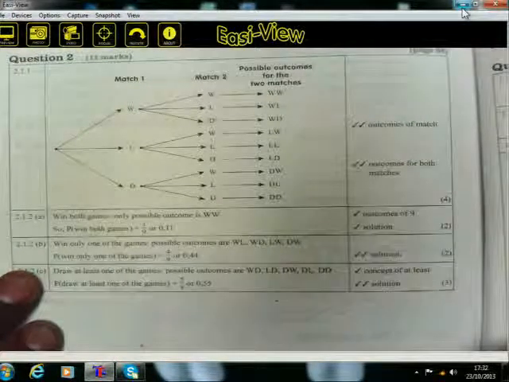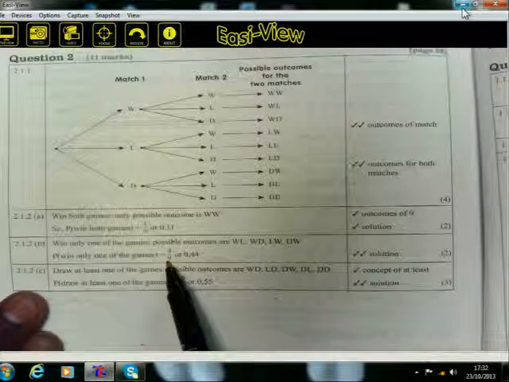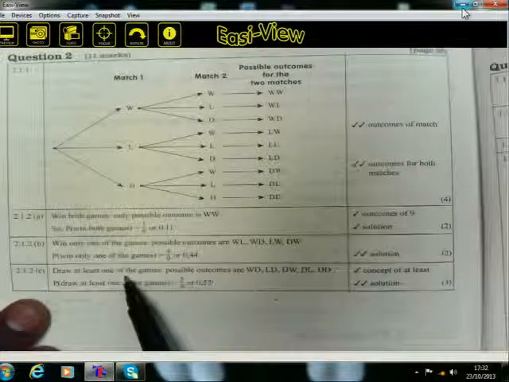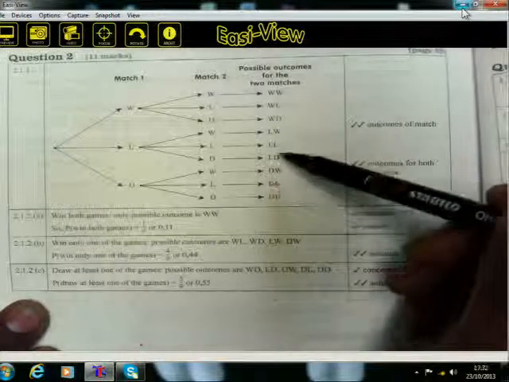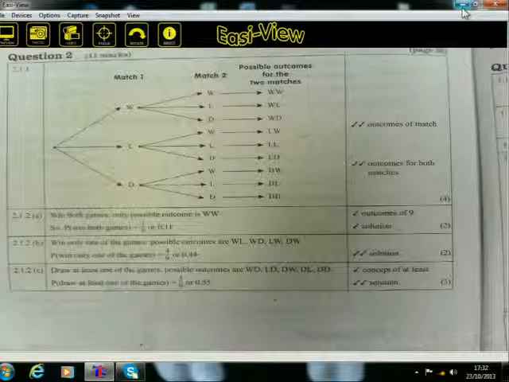You see, it is 4 over 9. The last one: draw at least one game, where you see at least one D. You count 1, 2, 3, 4, 5. Where you see D, it's 5. That will be 5 over 9 or 0.55.